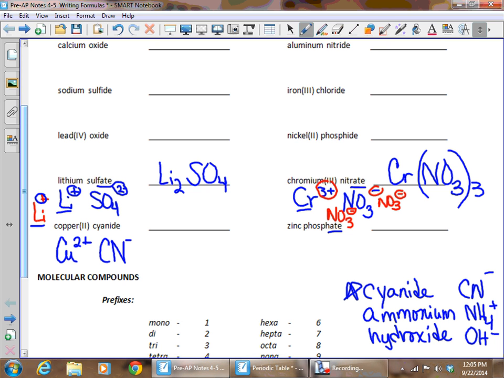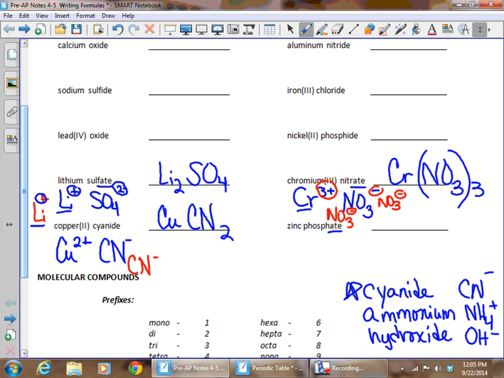So if you notice, we've got 2 positives, but only 1 negative here for cyanide. So it looks like we're going to need another cyanide to get us our 2 negatives and 2 positives. So we know it has Cu and CN in it. And we know we need 2 cyanides. Now this is where people mess up time and time again. They'll just put a 2 out here after cyanide.